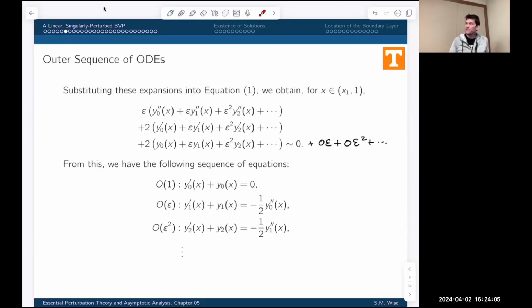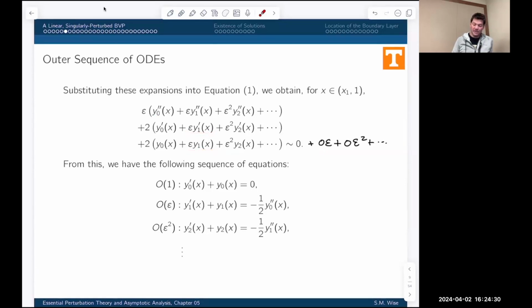Now we look for the next order equation. That's going to be the order epsilon equation. How can I build that? Well, the order epsilon terms on the left-hand side are going to be epsilon y0 double prime. It's important to note that this is y0. Plus 2 epsilon y1 prime plus 2 epsilon y1.